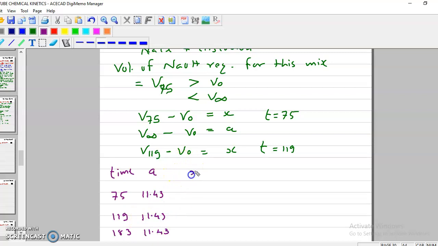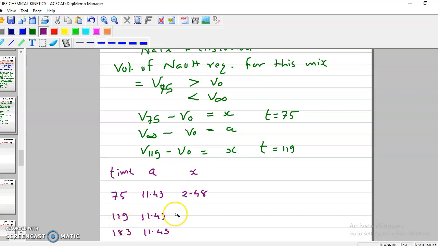Then x is V75 minus V0, and all the readings are given. So here it will be 2.48, that is 12.1 minus 9.62, which is 2.48.